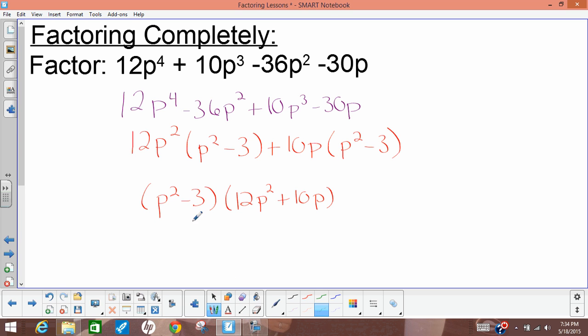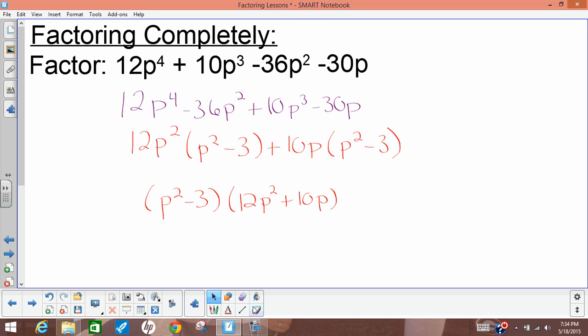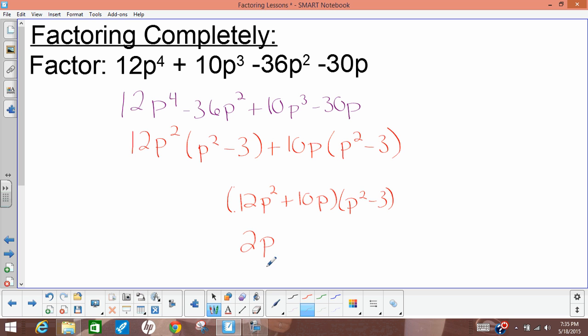So I'm actually going to move my p squared minus 3 to the end of this. And that's okay. It doesn't matter which order we multiply in. So then when I factor this and I pull out a factor of 2p, I can write it at the beginning.